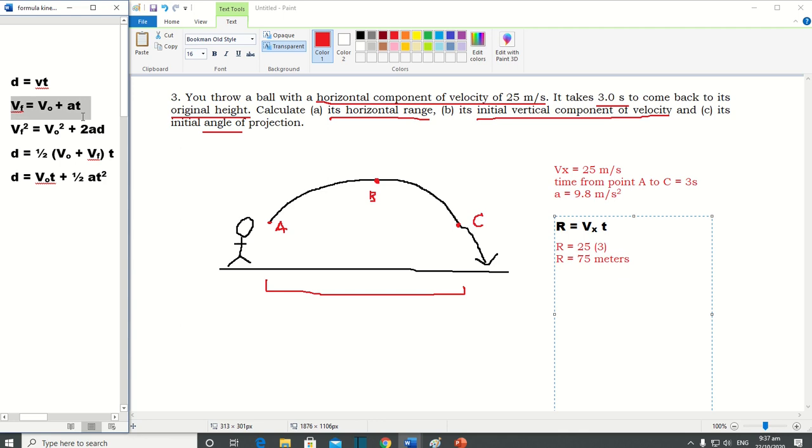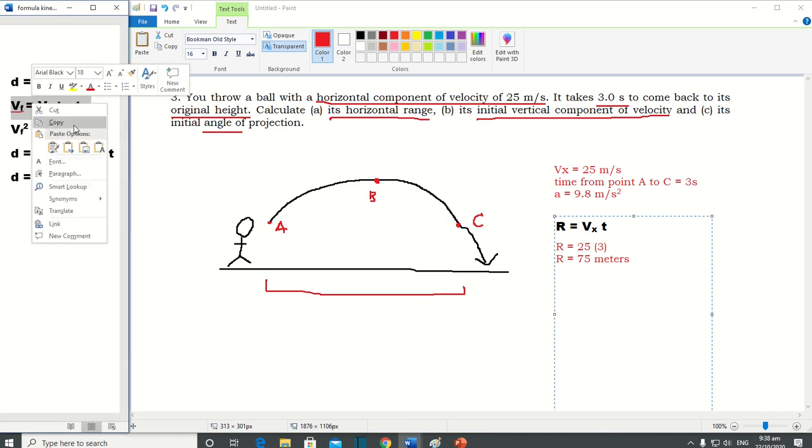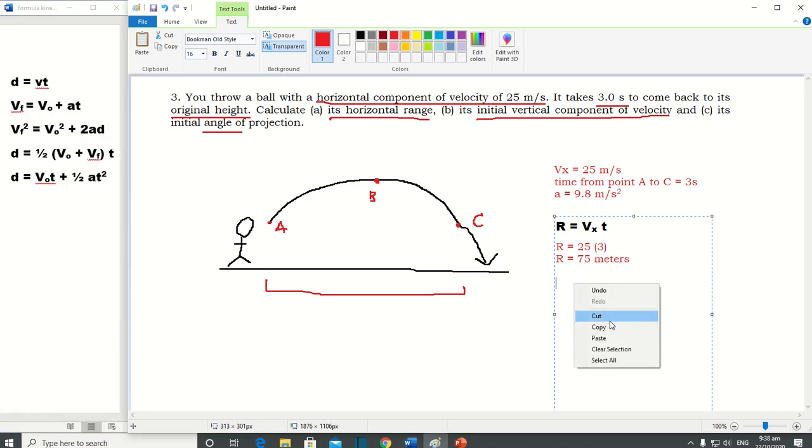I guess we can use this to find v sub o, because we have acceleration, we have time, and at the same time we have the final velocity. Let's copy this. So what is our final velocity? We designated point B here, which is the highest maximum point.